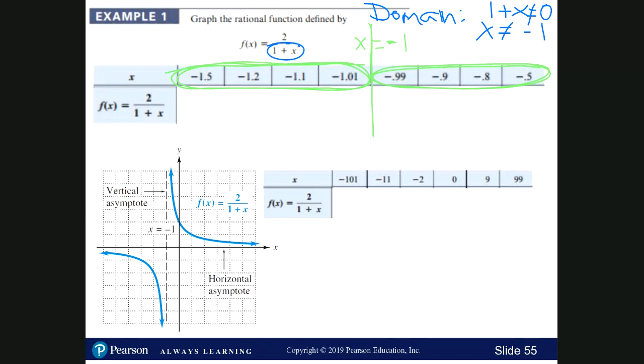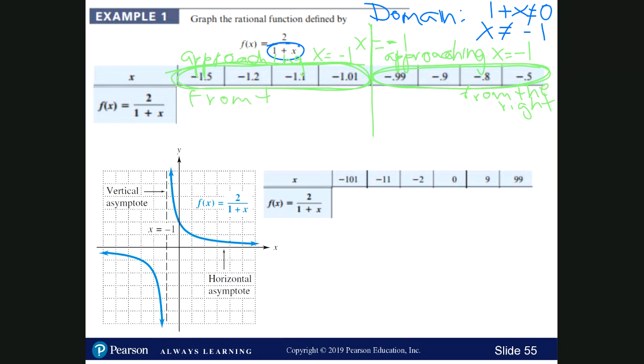And so we're going to say that for these numbers, the x values are approaching x equals negative 1 from the right. And on this side, the x values are approaching x equals negative 1 from the left.